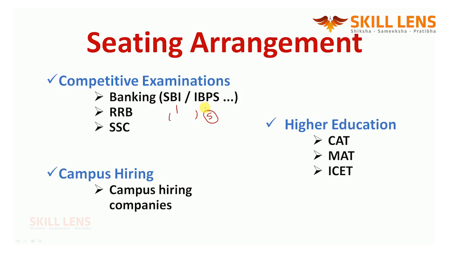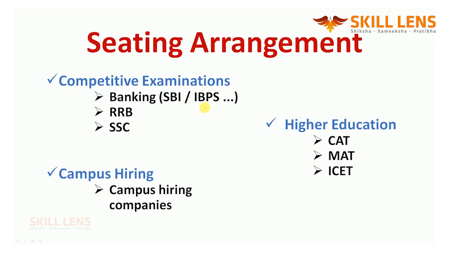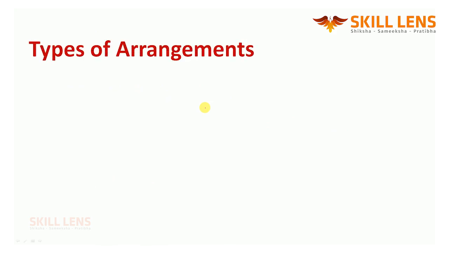Basically, in seating arrangement there are 2 broad categories. One is linear arrangement. What do you mean by linear arrangement? Linear sequencing is essentially arranging items given in a sequence, in a single line.